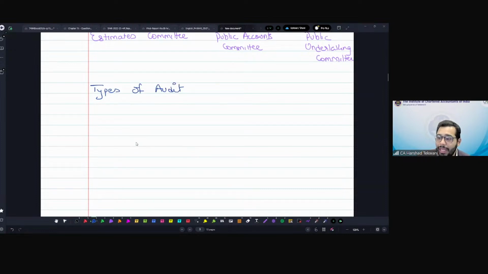One is financial audit, which you have already seen till now. Then comes the compliance audit. I will explain it through the report only. Don't worry about that. We will see a live example of the report. Then comes the performance audit.